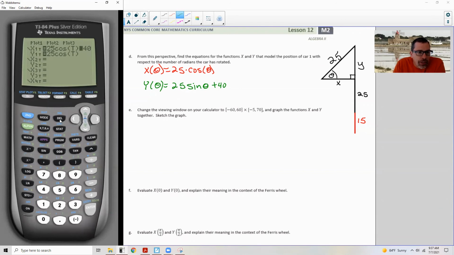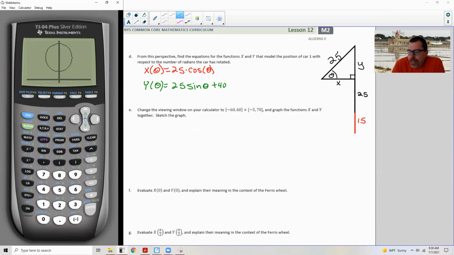And I don't want to add 40 to my cosine. And then this one needs to be, since it's y sub 1, that has to be sine. And I want to add 40. So now when I graph it, there we go. That makes more sense. So there it is. There's our Ferris wheel off the ground 15 feet.